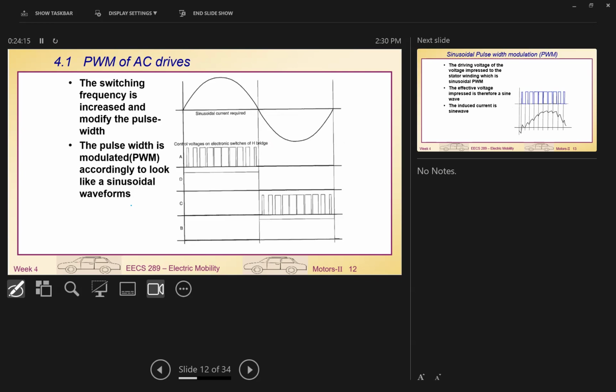The thing is, in power electronics, we only turn on and turn off the transistor. That's why we cannot create anything like a pure sine wave. We can only fully turn on or fully turn off. That's only two states for this power converter. To make it look like a sine wave, we can adjust the turn on time here. Maybe at 90 degrees, we want a higher average voltage, so we turn on for a longer time.